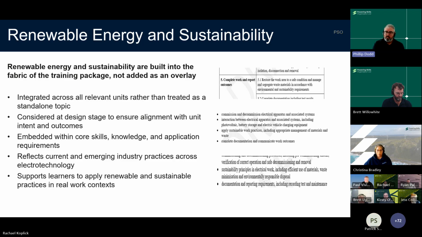So the students who are potentially going into the energy sector have a great understanding of renewable energy and sustainability, and then apply those skills and knowledge into the units of competency that they're undertaking within that Cert 3. So I hope that explains a little bit about that.